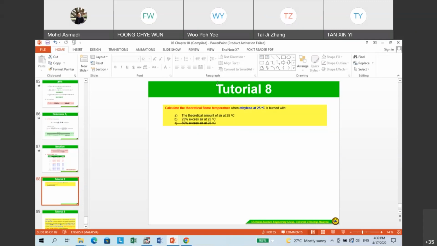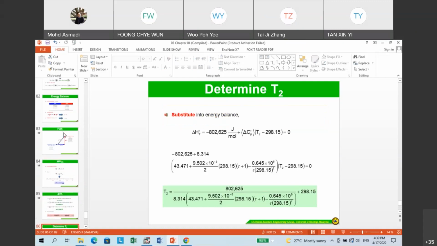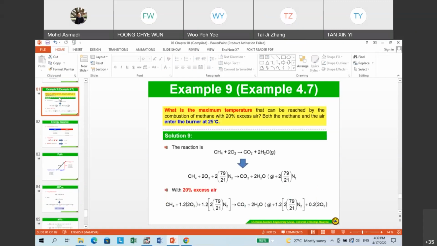Okay. So this one is the same. If 25%, you just follow this one. Okay. So 25. So 100, 1.25 times 3.